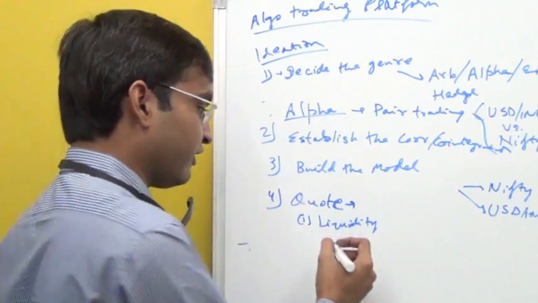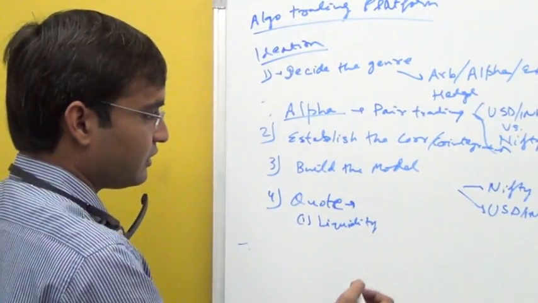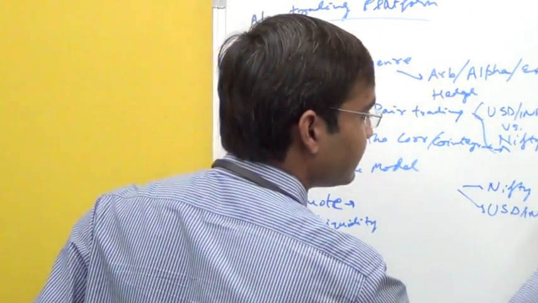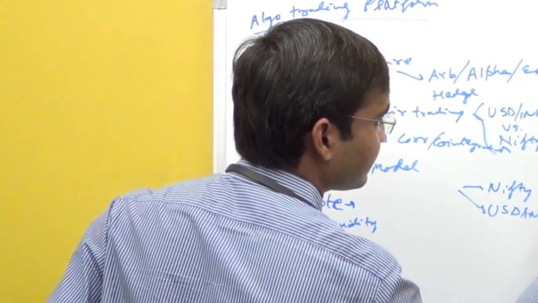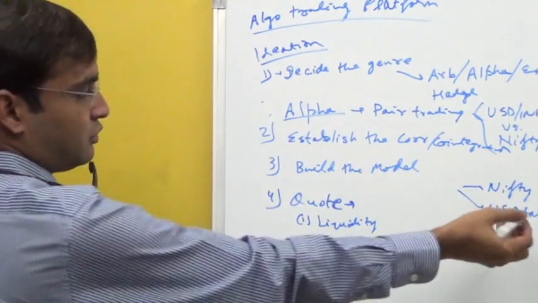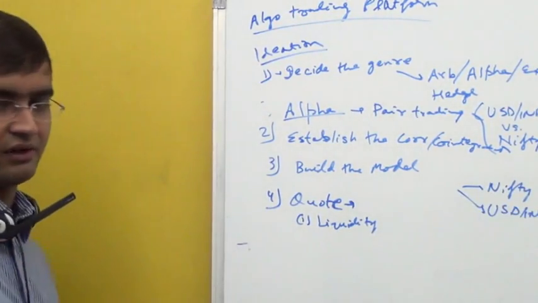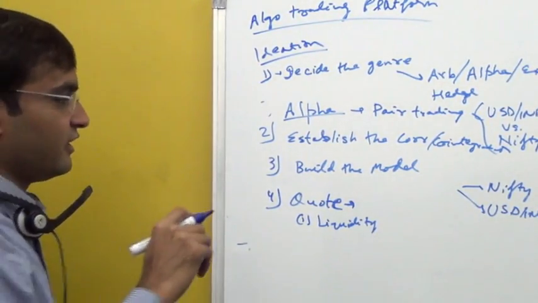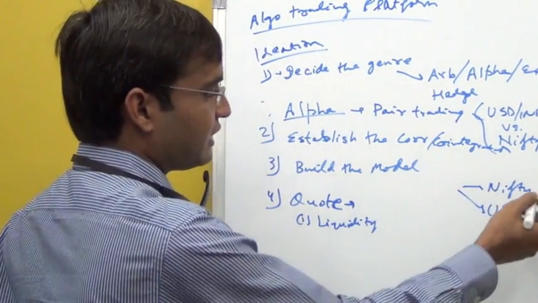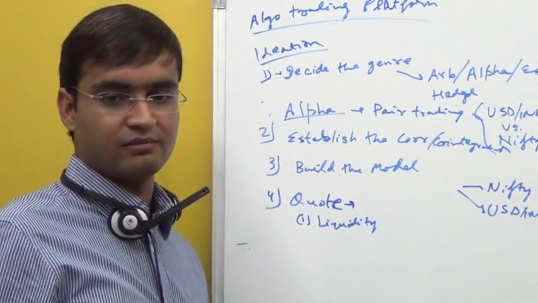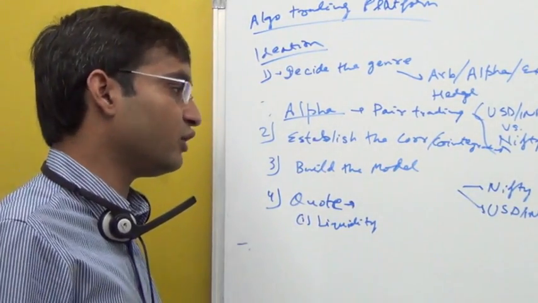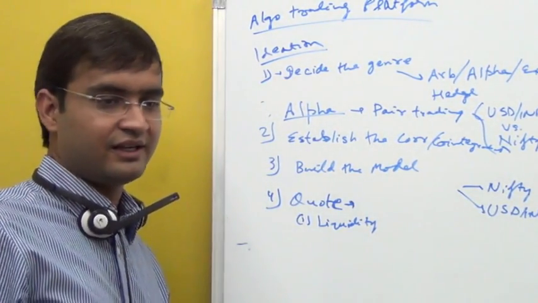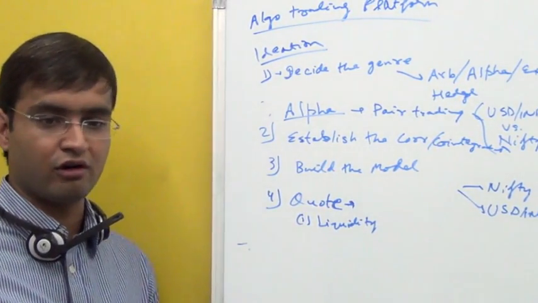Precisely. So let's assume that Nifty is less liquid and USD/INR is more liquid. So I should quote in Nifty and cover in USD/INR. Now, since Nifty is less liquid, there are fewer volumes, my trading volumes have shrunk, and I'm missing out on a lot of opportunities.